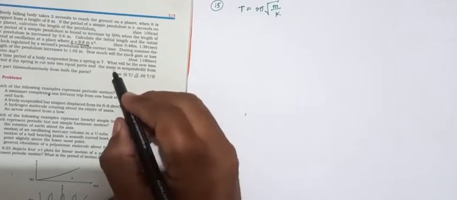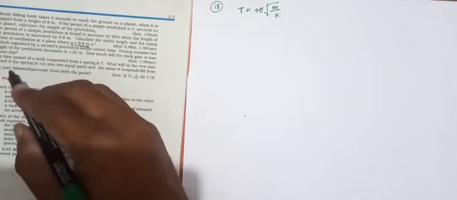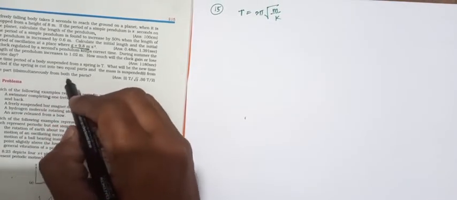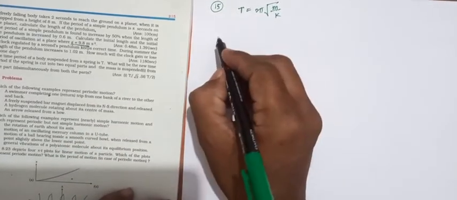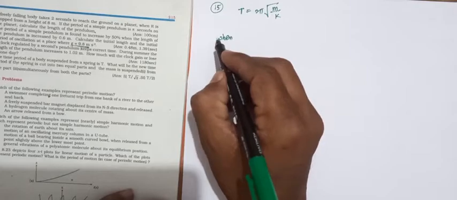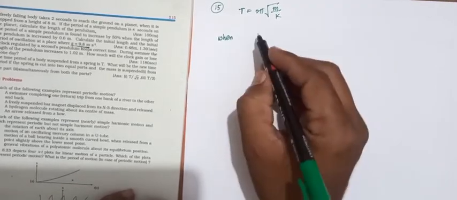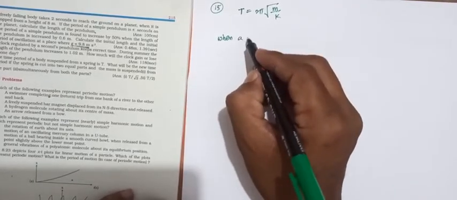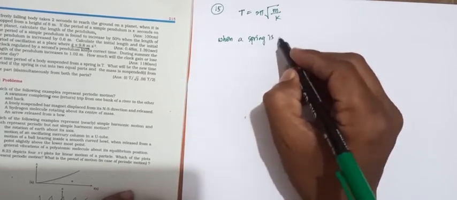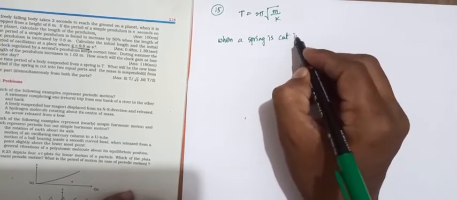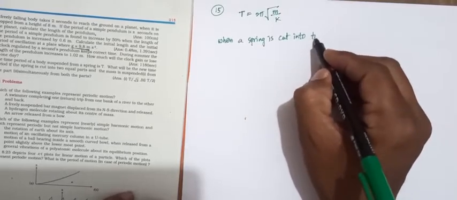So first of all, what will be the new time period when the spring is cut into two equal parts? So here we consider when a spring is cut into two equal parts.